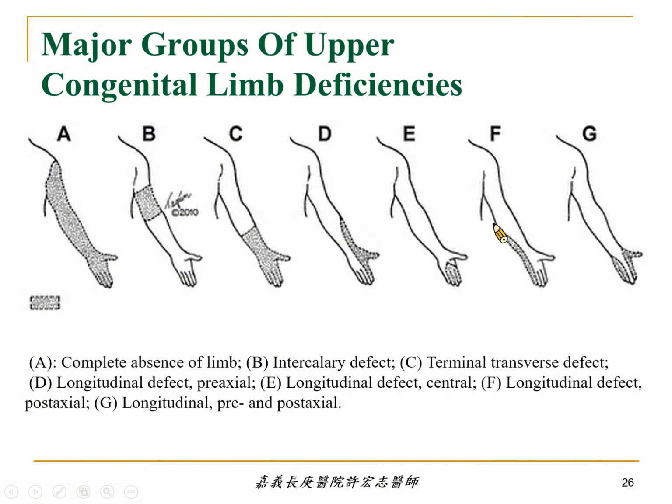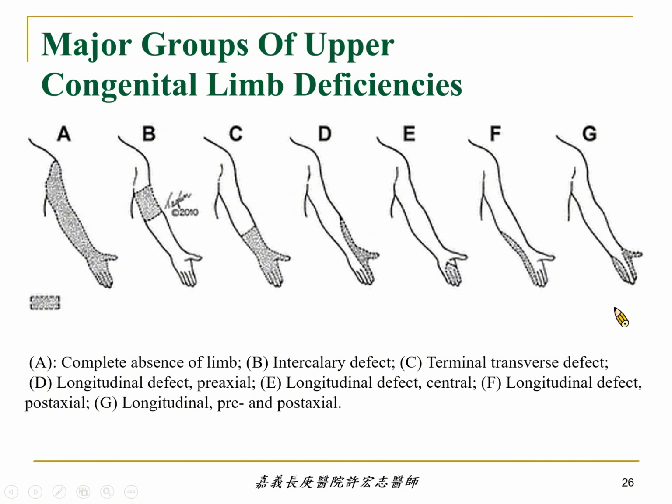As for figure F, this is a longitudinal defect. This is the preaxial, this is the postaxial. And this one is the longitudinal pre and postaxial. For example, if this patient has lost the first and second digits and the fourth and fifth digits, we can call this the longitudinal loss of the pre and postaxial digits.